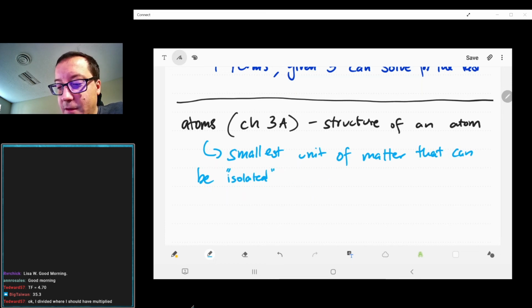Be isolated. It's the smallest bit of matter, such that if you were to take a piece of something and just keep breaking it in half, breaking it in half, breaking it in half, eventually you'd be left with one atom, and that's where you would not be able to break it anymore. So we generally say that atoms cannot be divided further.